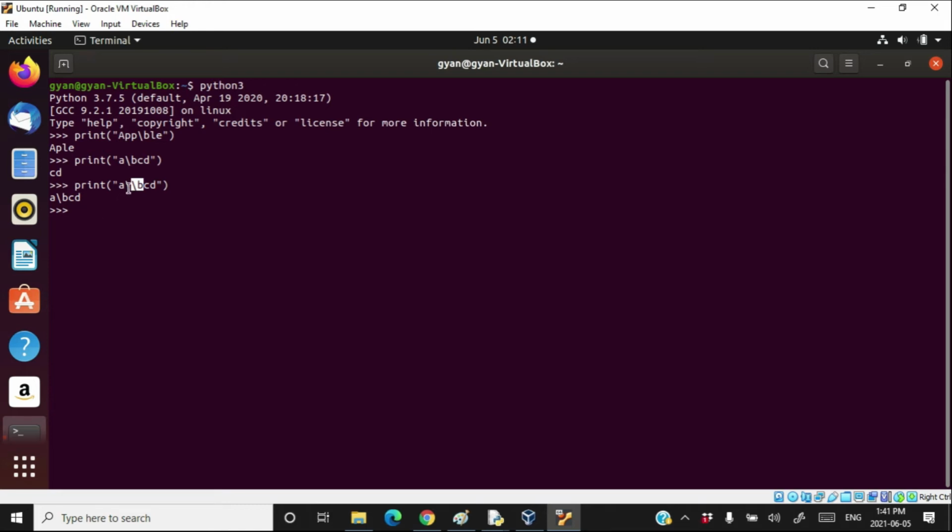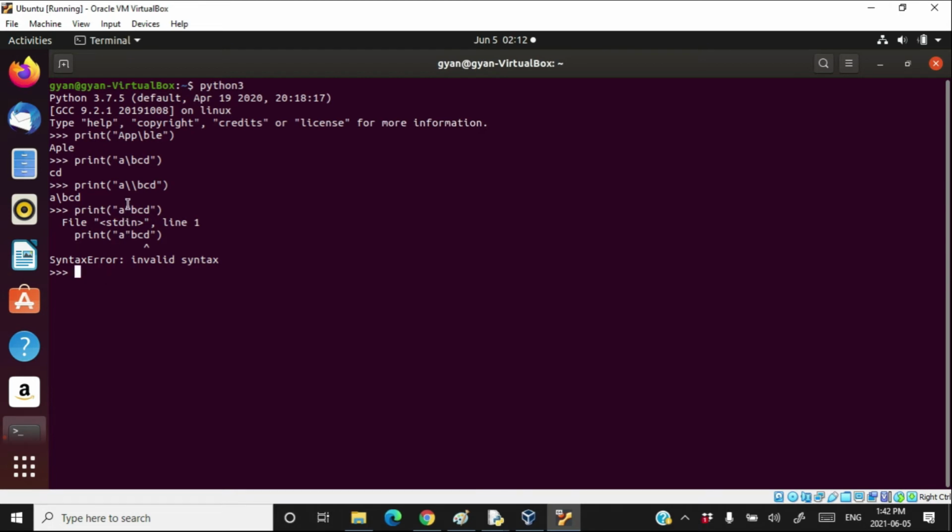So to remove the special meaning of backslash, you need to put another backslash before it.